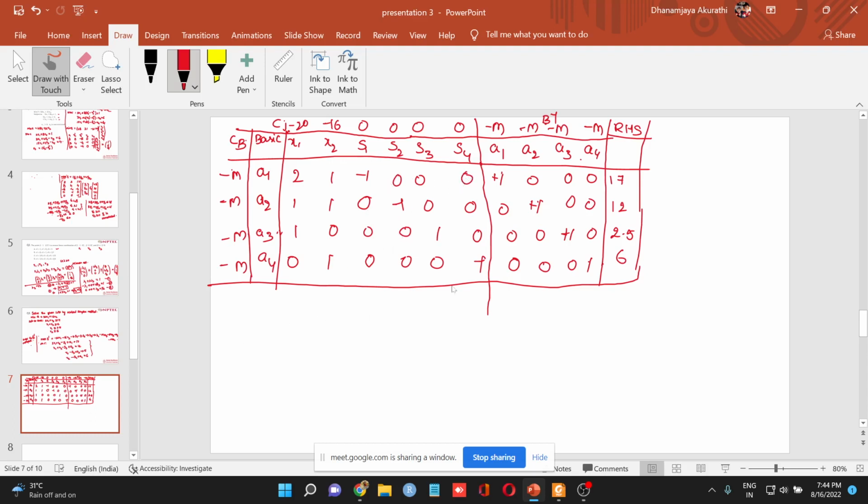To identify the leaving variable, we use the concept of simplex multipliers. So what does the simplex multiplier tell? The simplex multiplier is equal to CB into B inverse. Here our basic matrix inverse is all this identity matrix, and CB is minus M, minus M, minus M and minus M. So just write it here, or you just solve CB into B inverse.